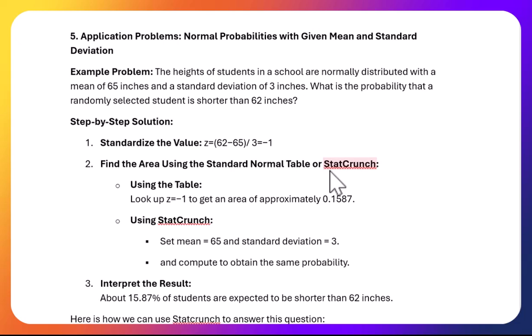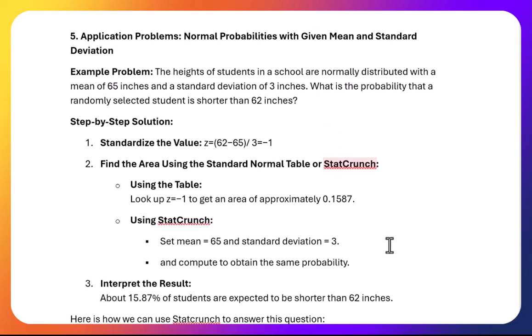So we want the probability of x less than 62. If you want to use the table, that would be fine. But in order to use the table, you have to convert the 62 to a z-score. And how do you convert the value to a z-score? You take the value minus the mean, divided by the standard deviation, which is right here. It turns out to be -1.